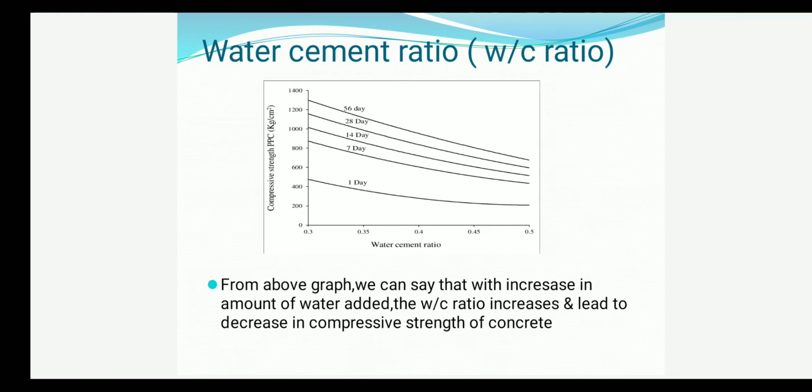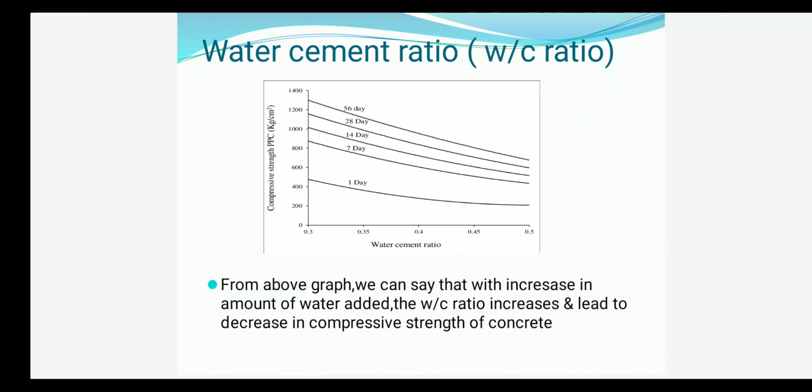Now there is one graph which shows the compressive strength of the concrete in kg per centimeter square against the water cement ratio. The strength is measured at 1 day, 7 days, 14 days, 28 days and 56 days.